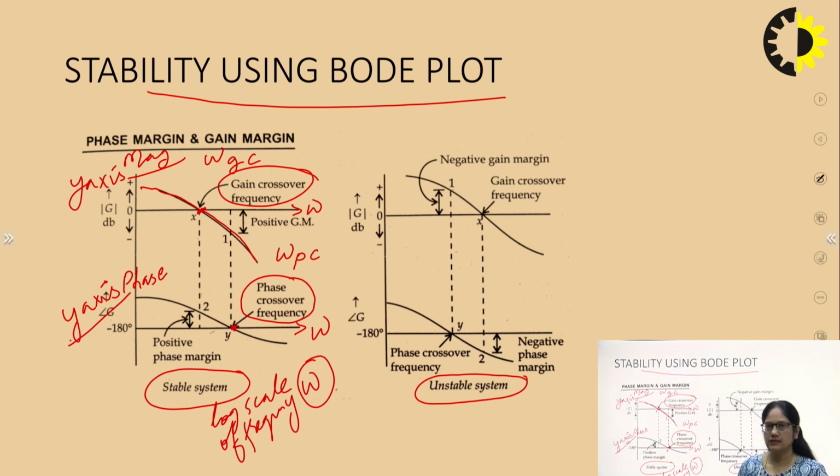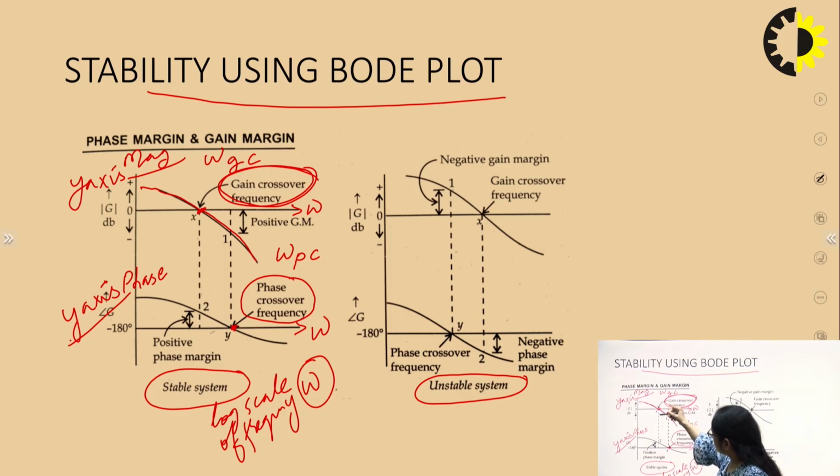The frequency at which the phase angle is equal to minus 180 degrees is the phase crossover frequency, and the frequency at which the magnitude is 0 dB is the gain crossover frequency.